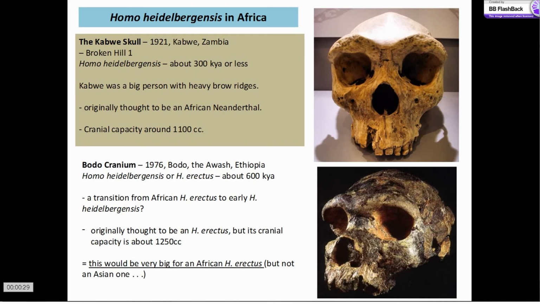He was originally thought to be an erectus, but his cranial capacity was just way too big for an erectus. It was way outside of known ranges of erectus crania in Africa at about 1250 cubic centimeters. He wouldn't be too big for an Asian erectus, but he was in Africa, so it threw people for a loop.